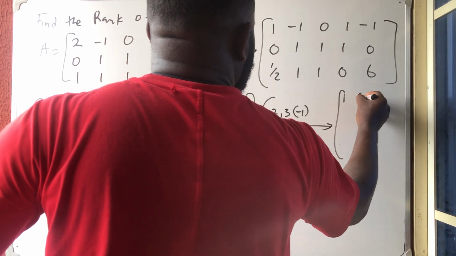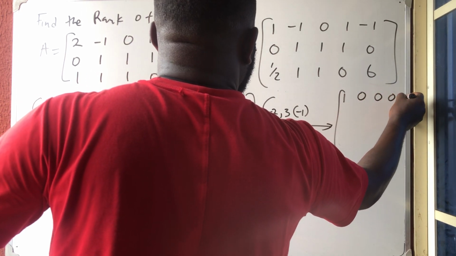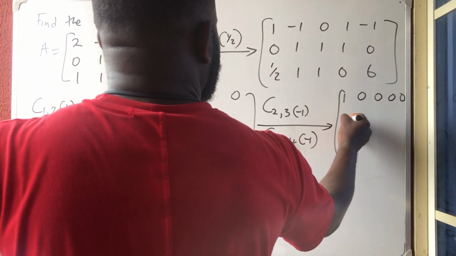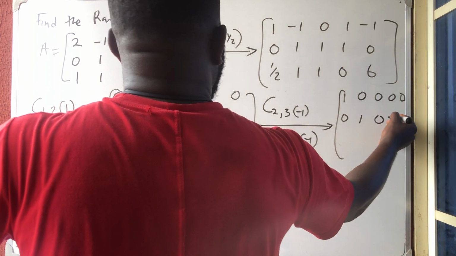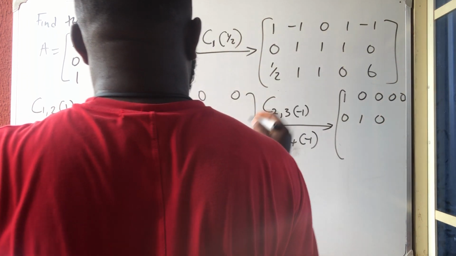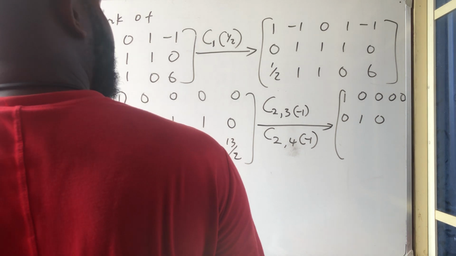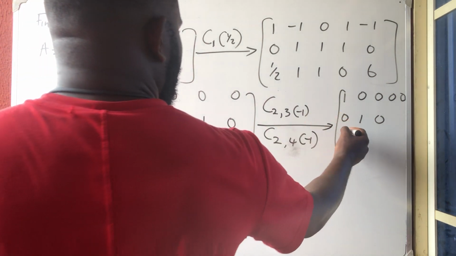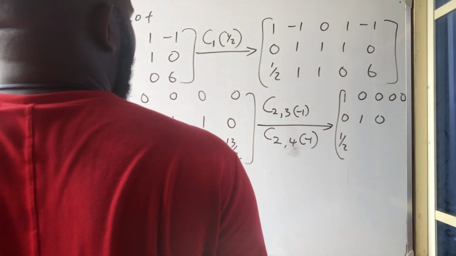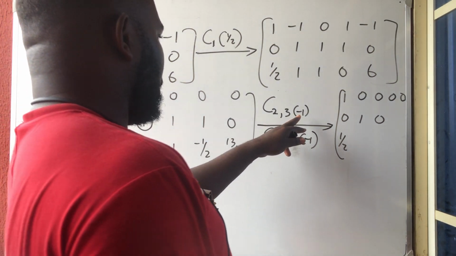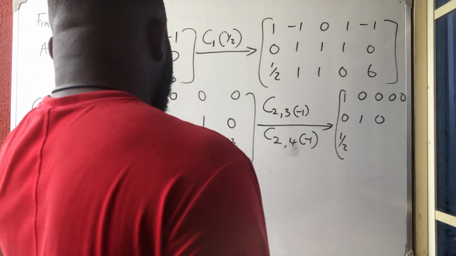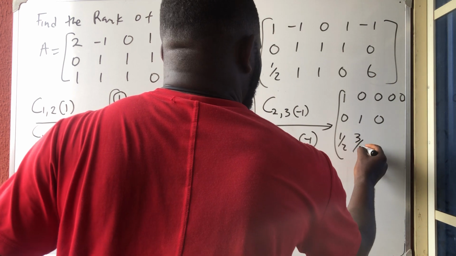So this is 1, 0, 0, 0, 0, 4, 0. So I'm having 0, 1, 0. Let me write it according to column so that I will not make mistake. 1 over 2 here. So let us start multiplying the column. Multiplying column 2 by, let me write down column 2 itself, 3 over 4.